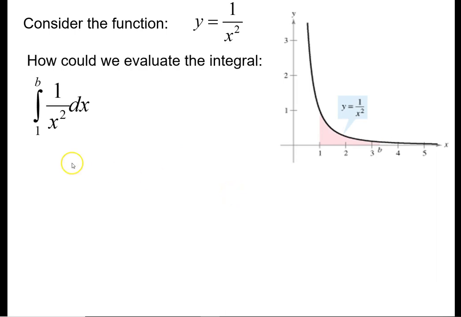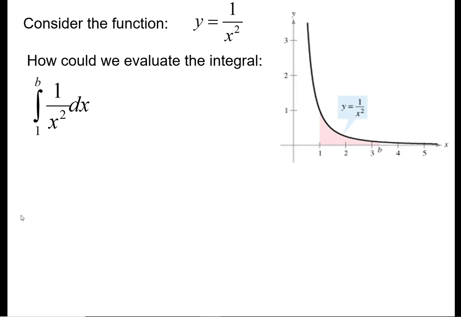What if we were asked to evaluate the integral of this function from 1 to b? Now I'm just calling it b. B is just a generic variable. It represents some generic x value. For example, if b were 3, we would say the integral from 1 to 3. That would be the area under the curve from 1 to 3, but I'm just saying b for any general number.